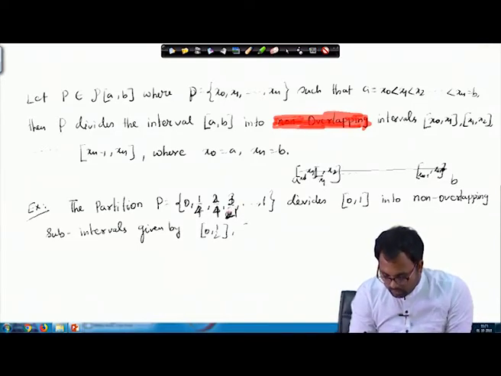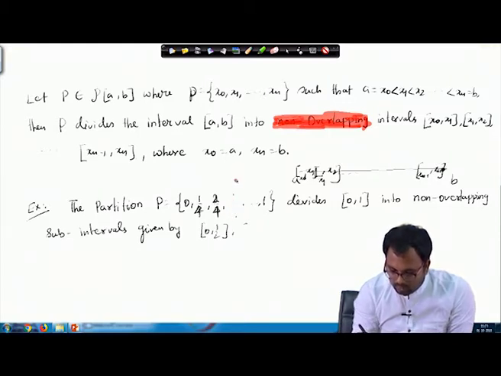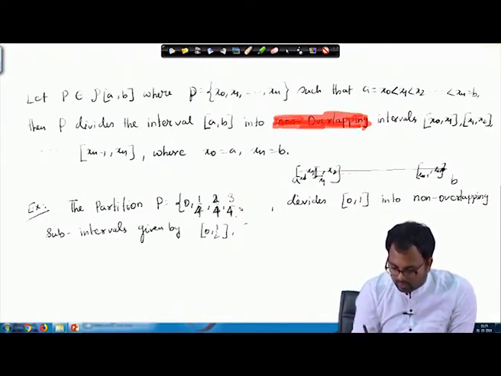So let us say you have 0, 1 by 4, 2 by 4, and 3 by 4, and then I am taking the end point as 1, just to make the concepts a little bit clear instead of complicating it.